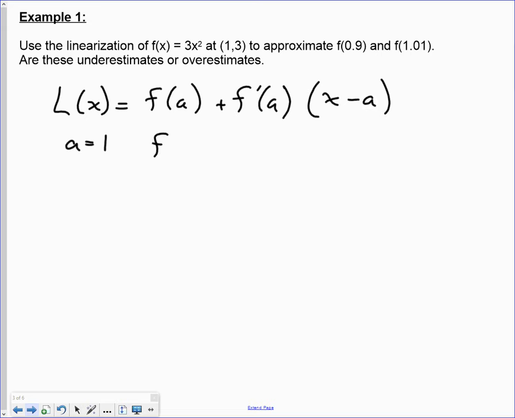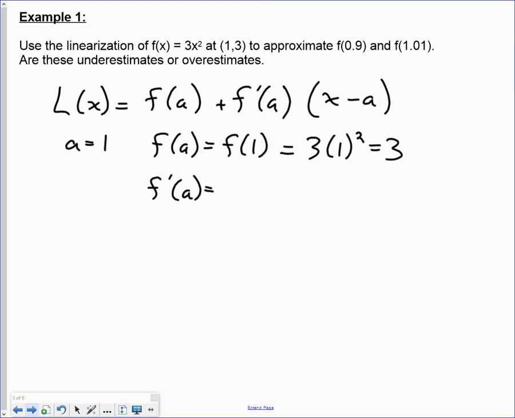We can figure out what f at a is. So f at a is f at 1. We can just sub this in directly. 3, 1 squared, so that's going to be 3. So f at a is equal to 3. And in this case, because we're given the function, we can figure out what f prime at a is.